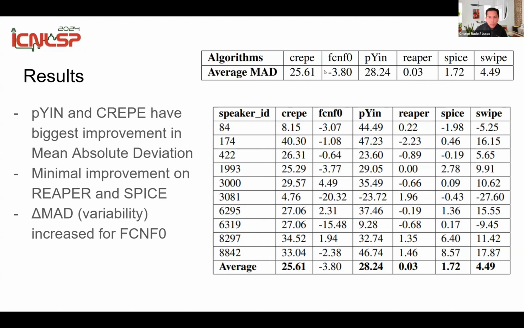So if it's negative, then the variability increased, and if it's positive, the variability decreased. As you can see, CREPE and pYin benefited most from the post-processing, and only FCN F0 worsened in terms of the mean absolute deviations. So this table here is across the 10 different speakers with the 6 different algorithms.